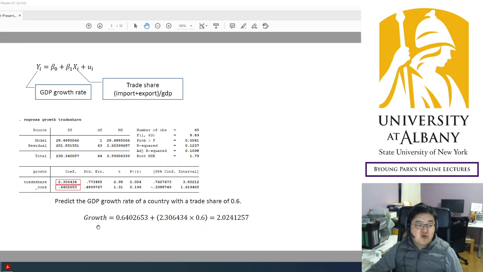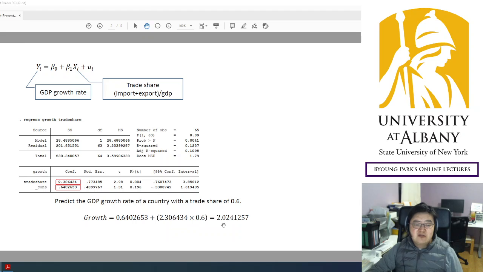So this country's growth will be the intercept estimate, plus the slope estimate times the assumed trade share value, so 60%. Then calculate this, simple: multiply and add.